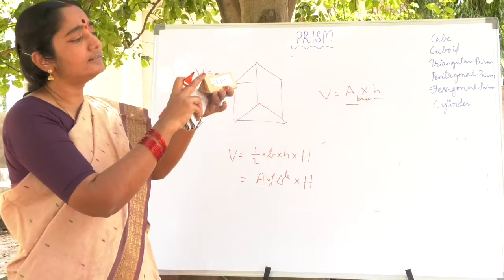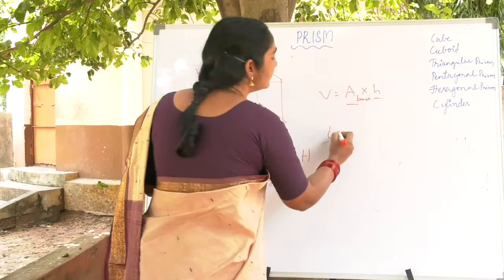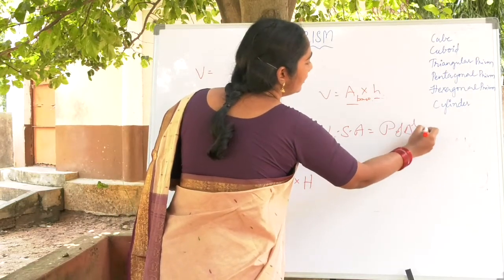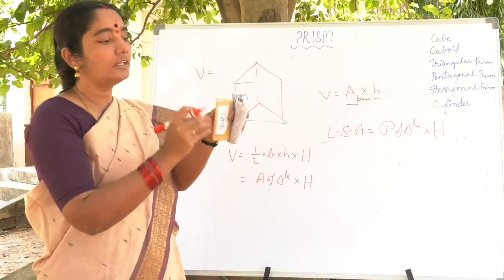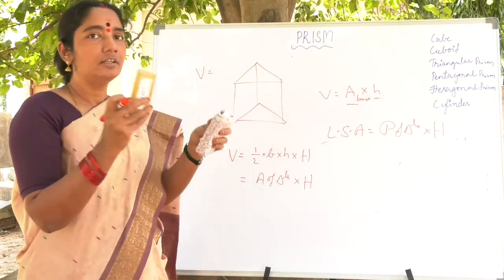Add this side plus this side plus this side, you get the perimeter. So the lateral surface area is equal to the perimeter of the triangle into the height H. Not the height of the triangle, but this height H.